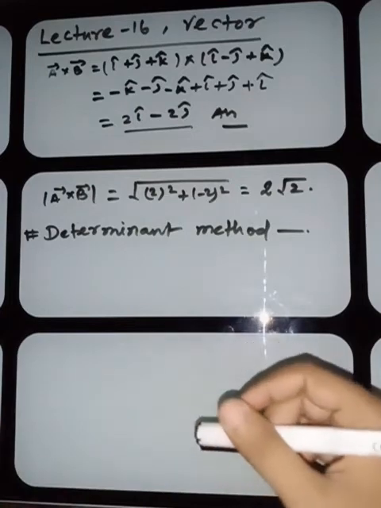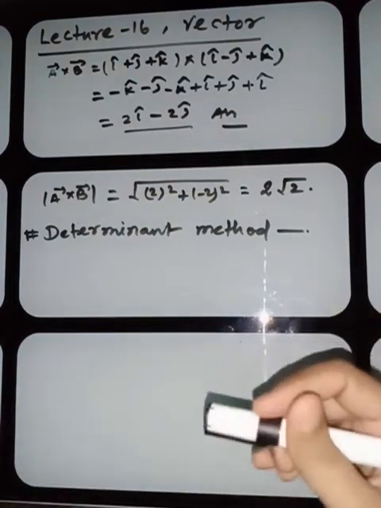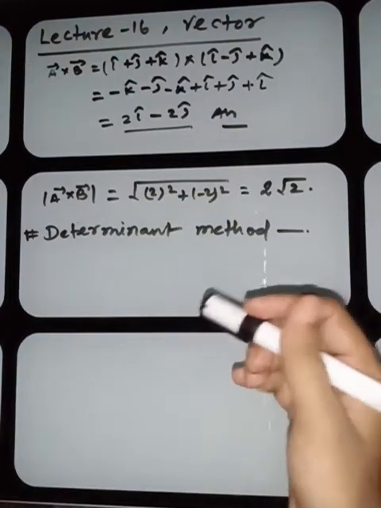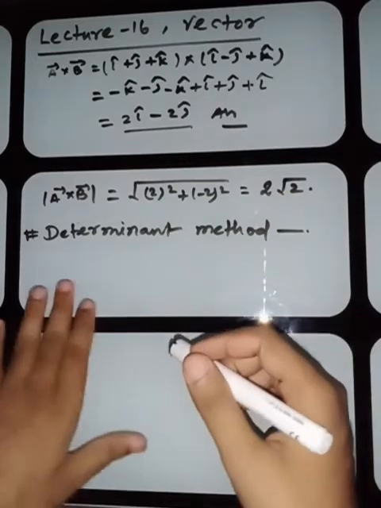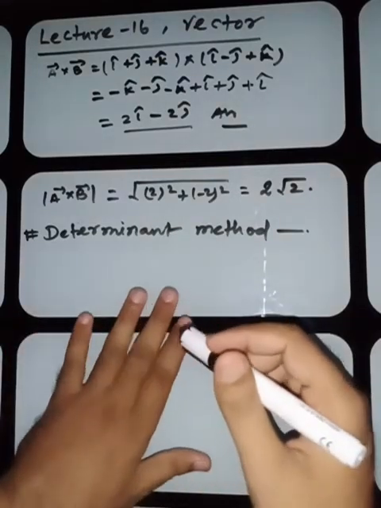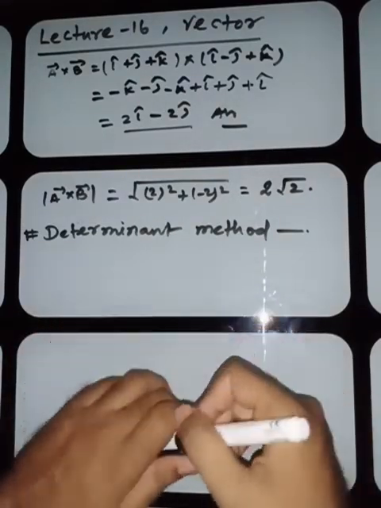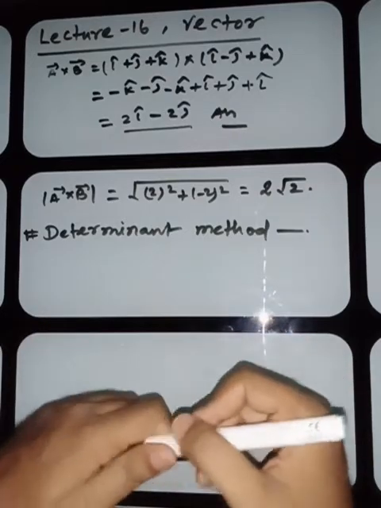Here, to find the cross product of two vectors using the determinant method, first we will try to study the determinant, how to solve a determinant.